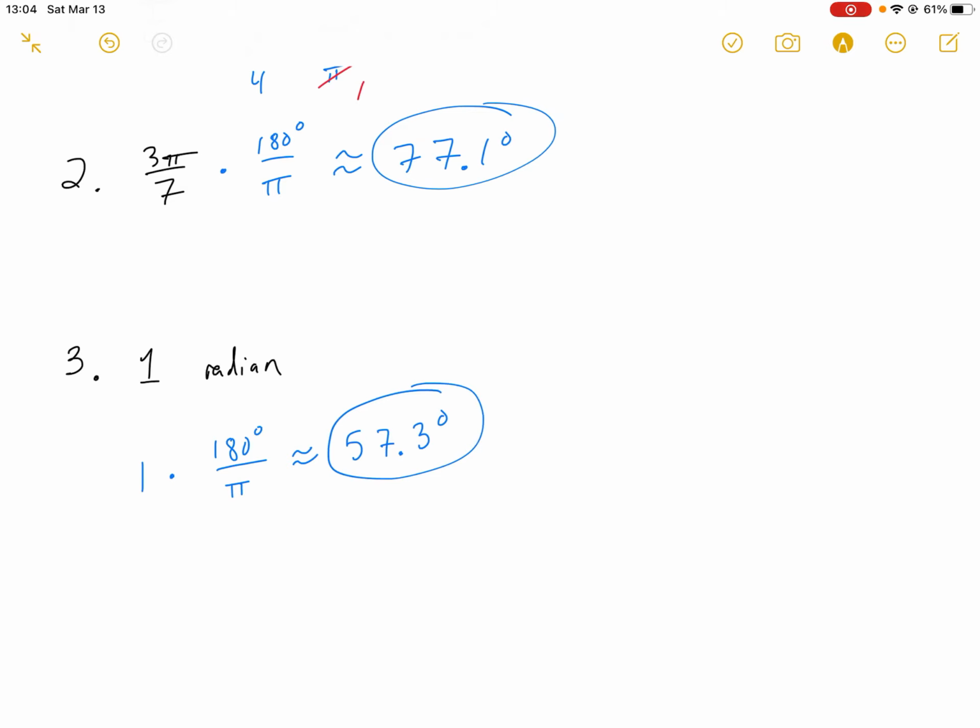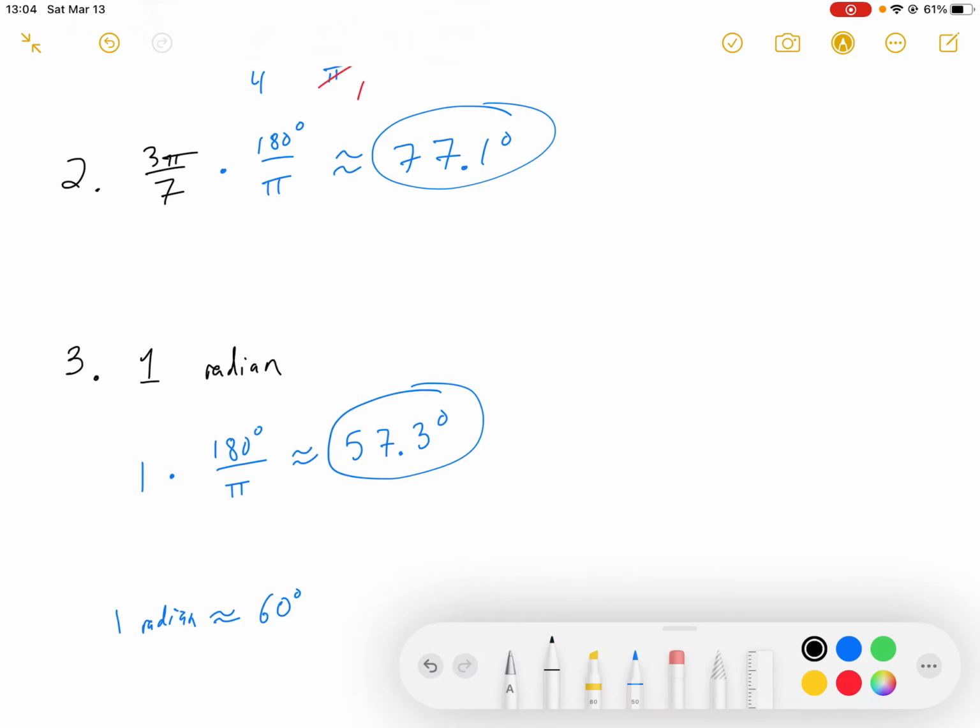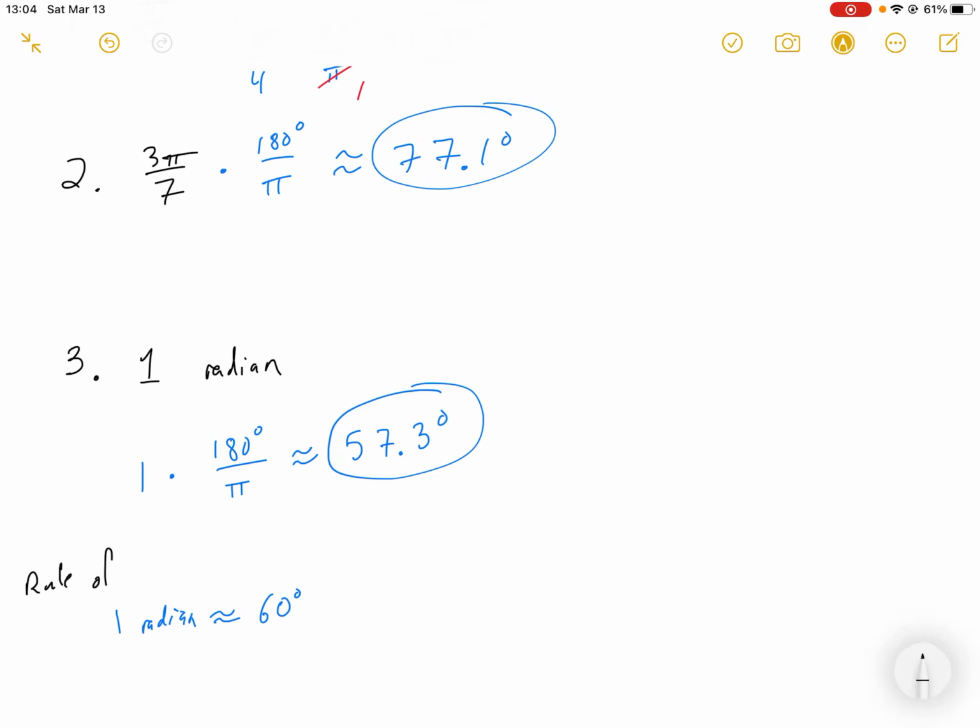So one thing that's helpful to remember is that 1 radian is kind of close to 60 degrees, right? It's a little bit less, but this is sort of a good rule of thumb to keep in the back of your mind. It won't work if you're actually solving problems. You would need to actually convert this.